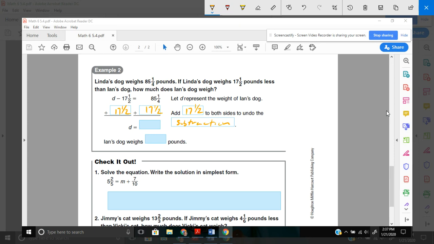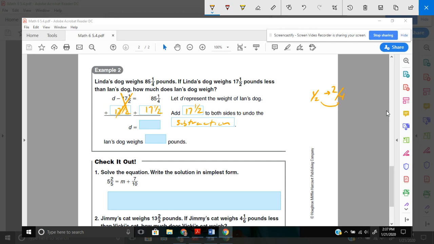Okay, and then you'll notice these cancel, and I need to write this as fourths. So I've got a half, I need to rewrite it as fourths, so times by 2, times by 2, gives me 2 fourths.